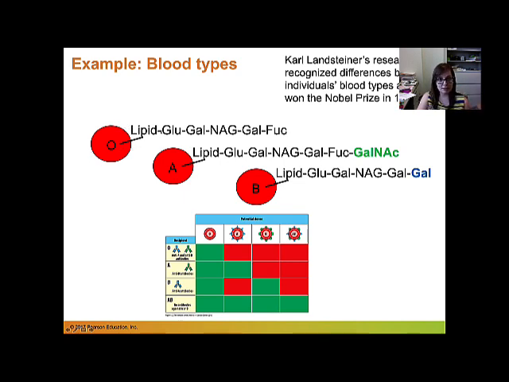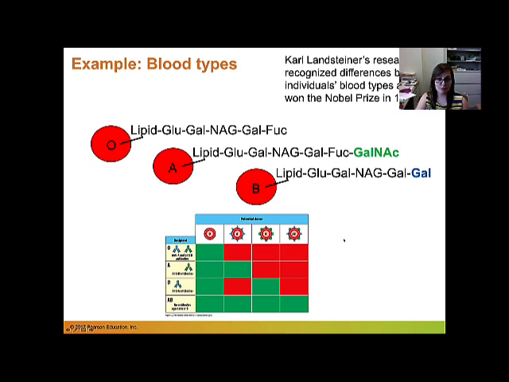But basically what the cell types are is that, let's take the O blood type, for example. You have a lipid, right? So this is a glycolipid, and it's had these sugars added to it. So glu, gal, nag, gal, and fructose. Now, if you have the A blood type, you have an additional monomer added at the end, this gal-nac, okay? And that gives you the A blood type. And if you have the B blood type, you have this base, but then you have a gal at the end.